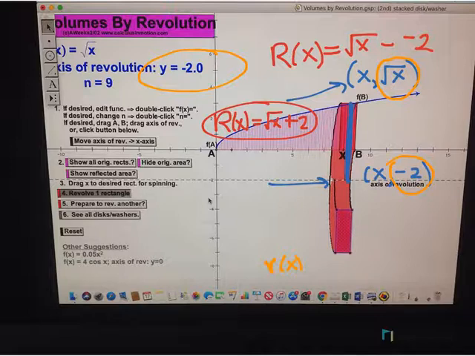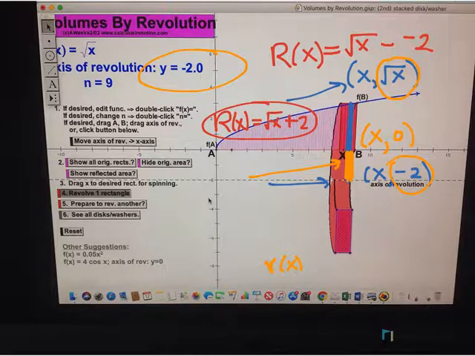So now observe as I draw a vertical line segment from the axis of revolution to the inside edge of each washer. So here's my vertical line segment in yellow, and I want to find the length of this vertical line segment. So how do I do that? I need to label the coordinates of the top and the bottom endpoints.